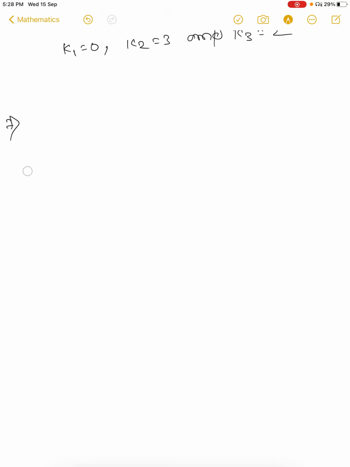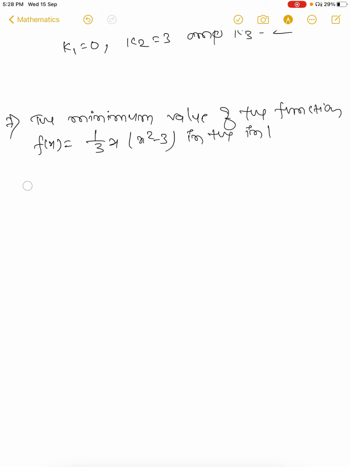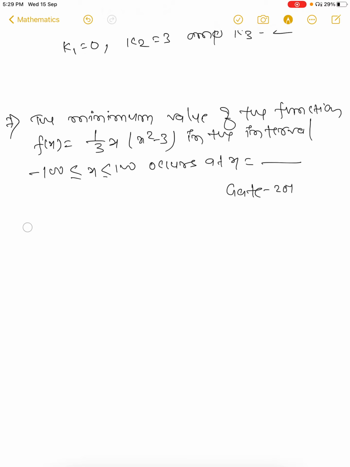Question number 7. The minimum value of the function f(x) is equal to 1/3 x^3 minus 3x in the interval minus 100 to 100 occurs at x is equal to, GATE 2017, for 2 marks.